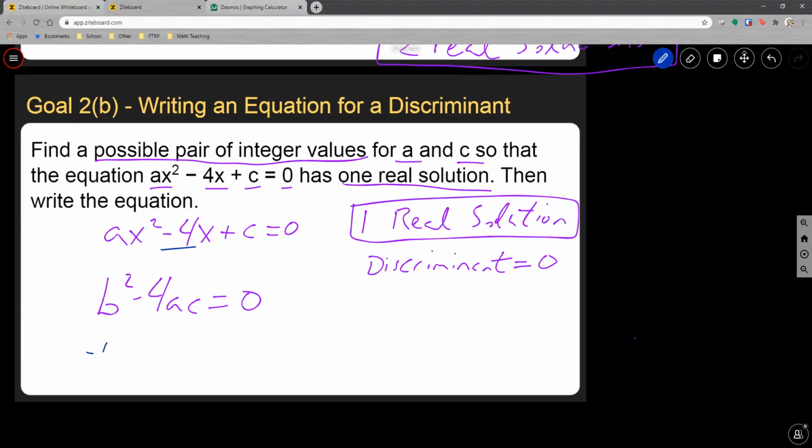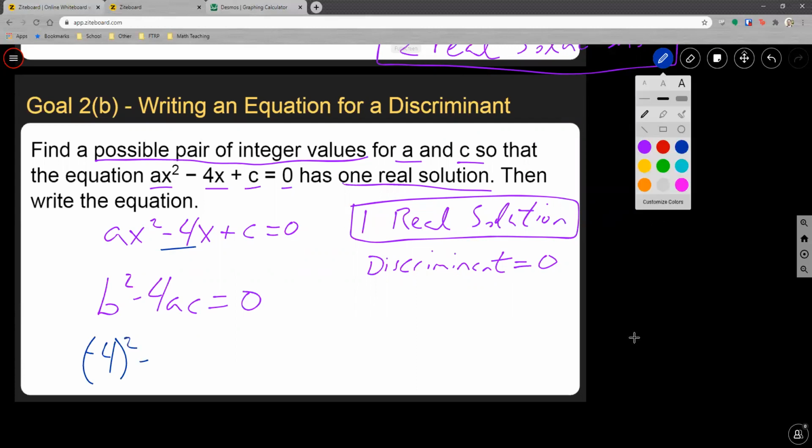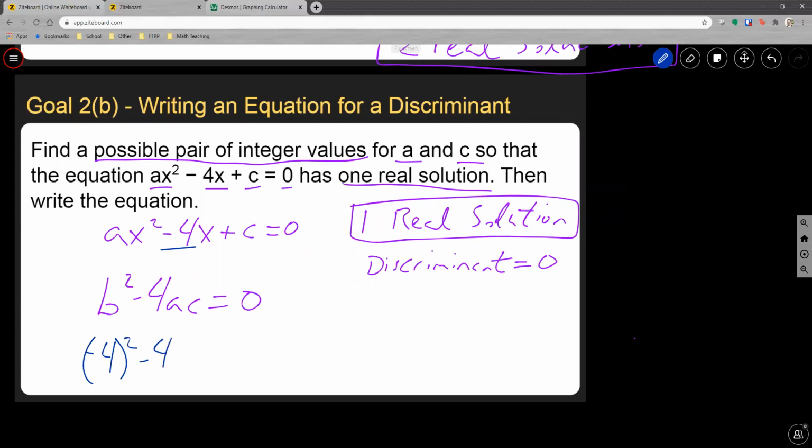So I'm going to have -4 squared minus 4 times a times c equals 0. Well, that means that I've got 16 minus 4 times a times c equals 0.